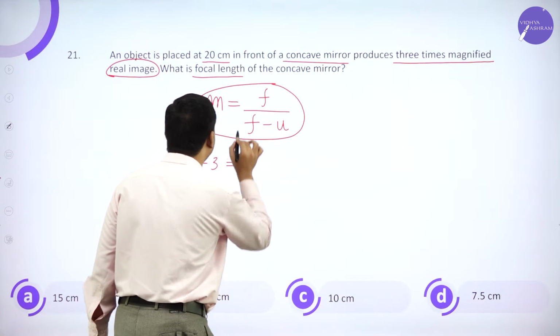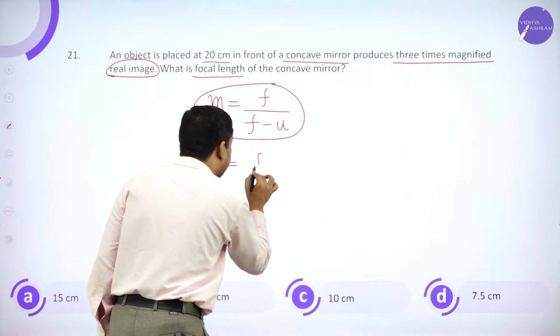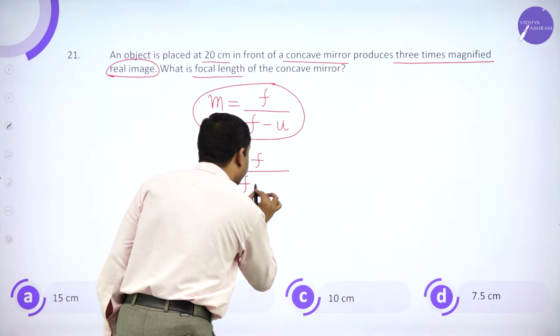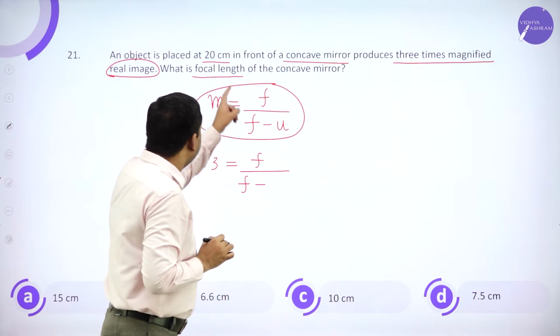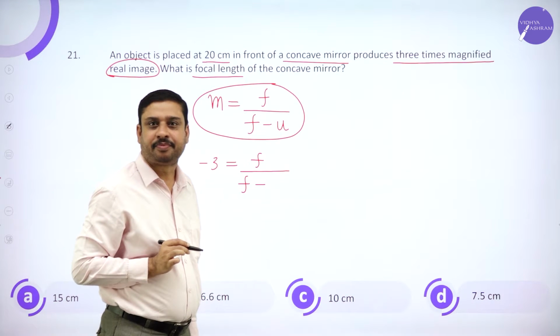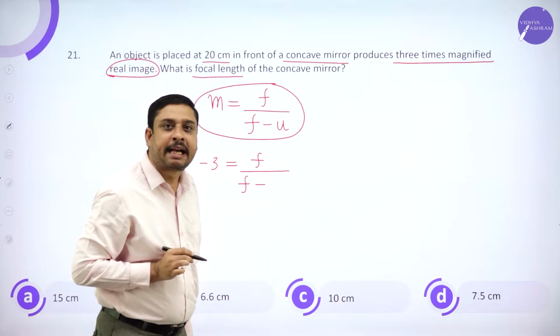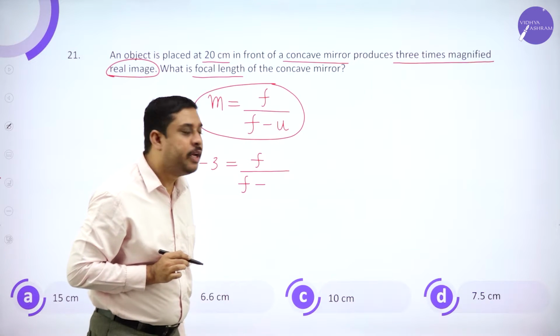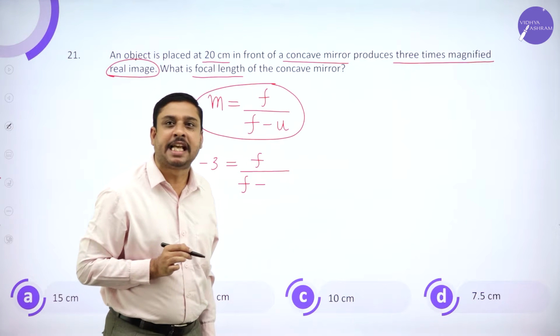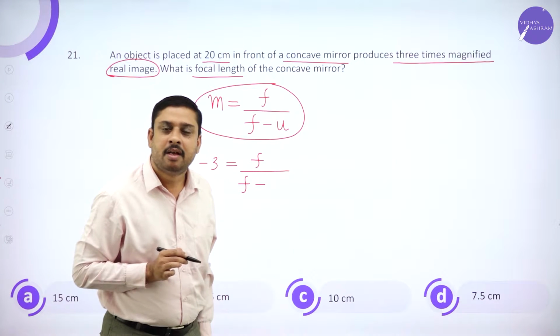This is equal to f divided by f minus u. Now the object distance is 20 centimeter. Should I convert it into meters? No need. All my 4 options are in terms of centimeters.